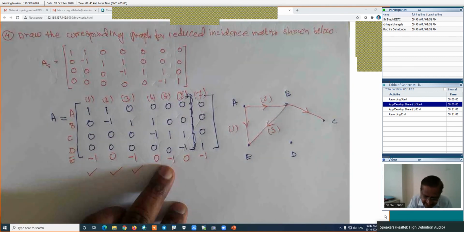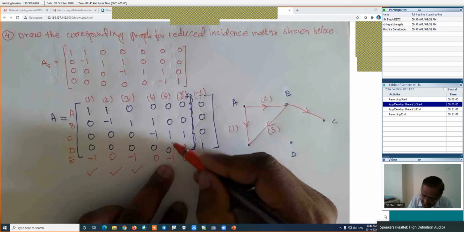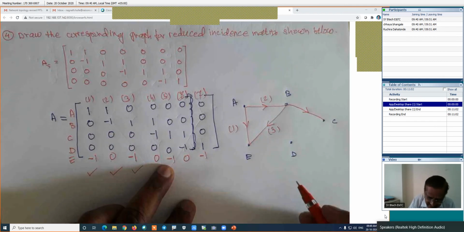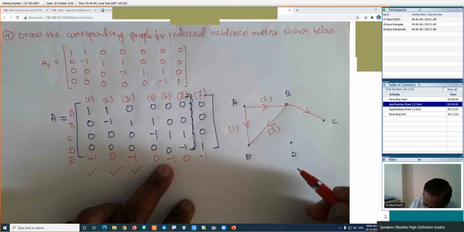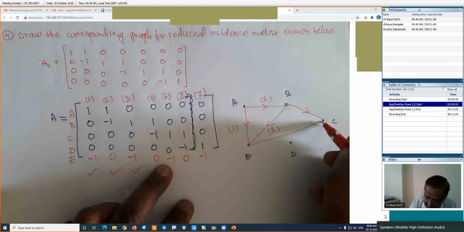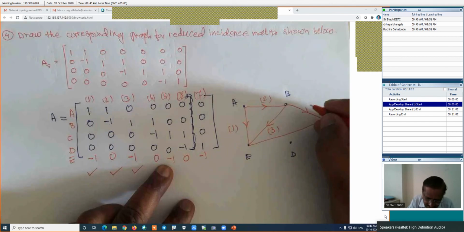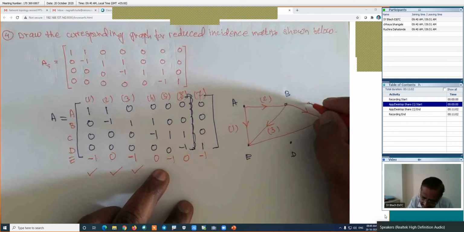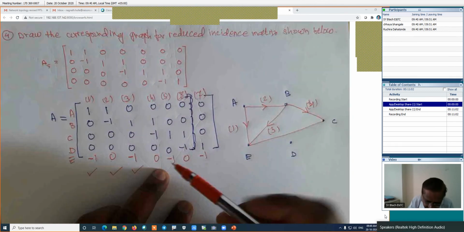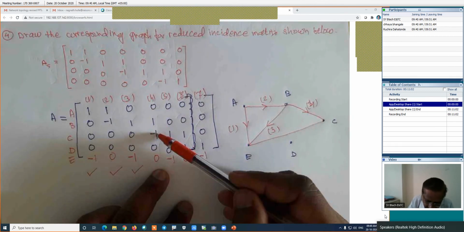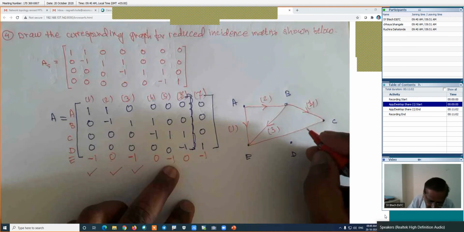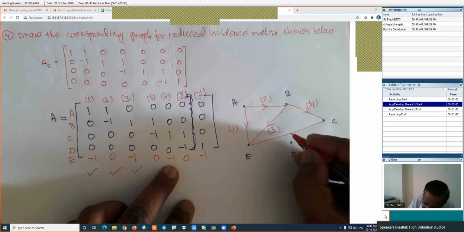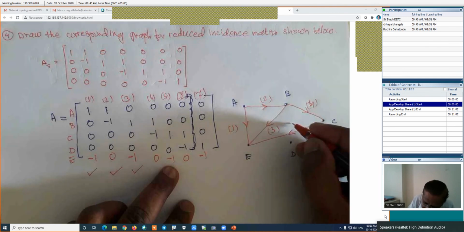Finally, between C and E, we have one branch. This is C and E. Already we have 1, 2, 3, and branch number 4 between B and C. So the branch between C and E is branch number 5, and it is outgoing from C. This is branch number 5.